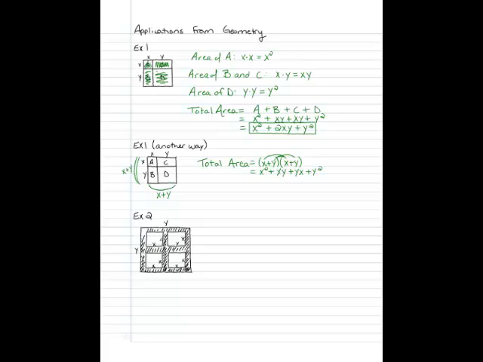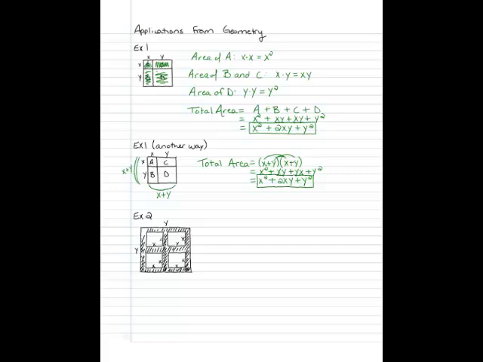Now looking through this, we have x squared. xy and yx are like terms. They're written in different order, but you have the same variables raised to the same power. So they are like terms. You can still combine them. So plus 2, and I'm just going to put the x first, xy, and then plus, there's our y squared. That gives us the total area.